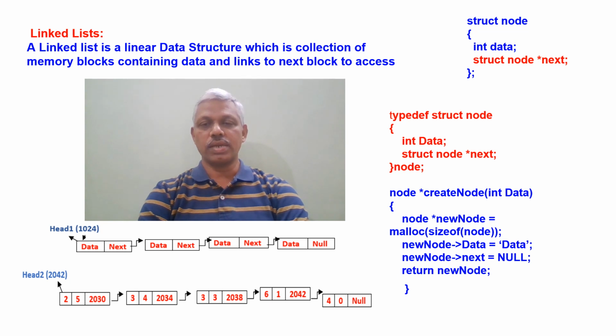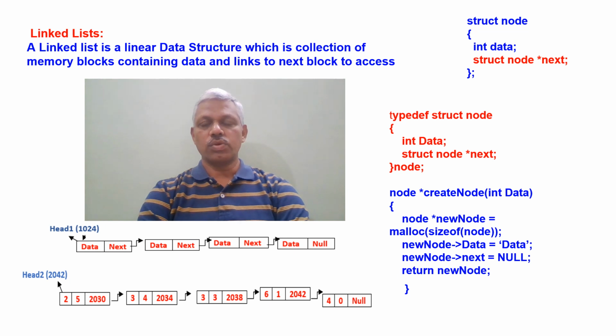Whenever you want to insert data into a node, we can call this function, which indicates node star newNode equals malloc(sizeof(node)). If we know the size of the node to be created, we can allocate the memory for that new node, and this returns the starting memory address of it.